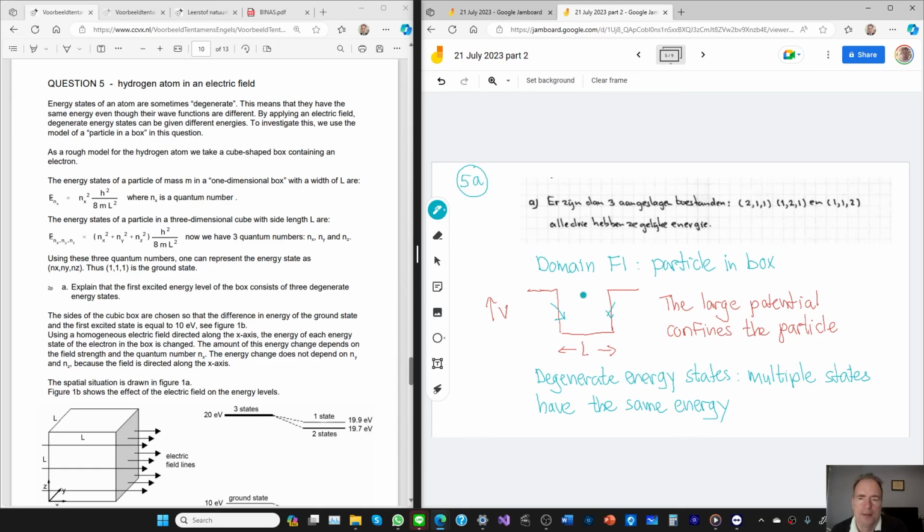And the nice thing about this is that you can actually pretty easily calculate it. And this is one of the equations also in domain F, the energy states you have for a particle in a well.